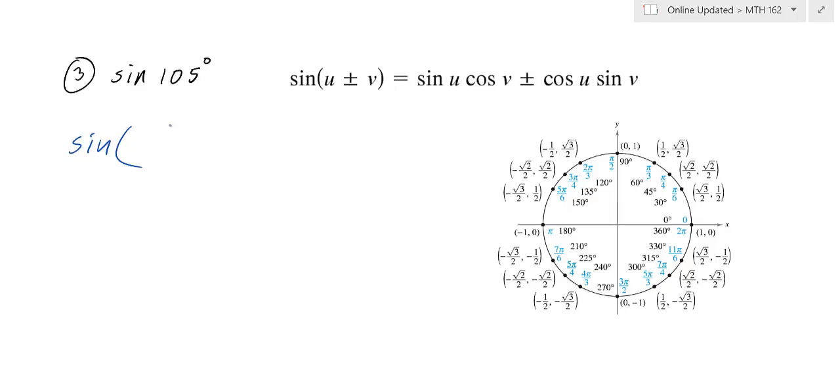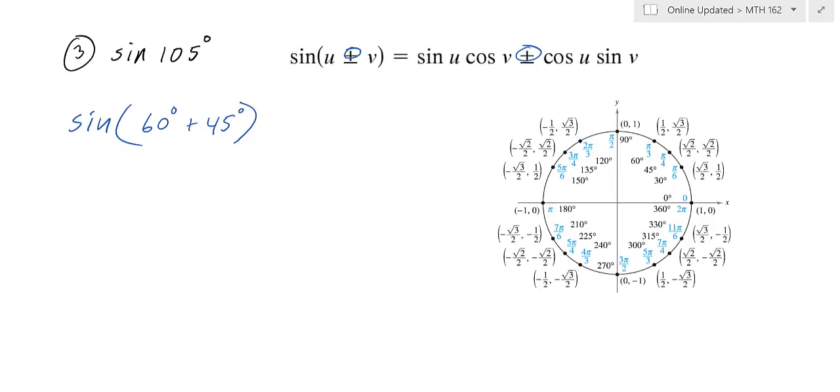All right, the sine of 105, what I'm going to use is I'm actually going to take the sine of 60 degrees plus 45 degrees. And again, if you pick something different, that is certainly okay, as long as they give you 105 degrees. So since I'm using plus, that means I'm using the plus sign here, so I have to use the plus sign over here.